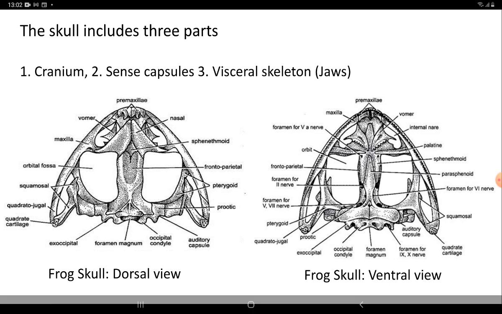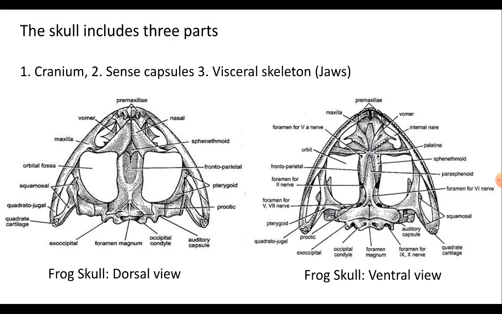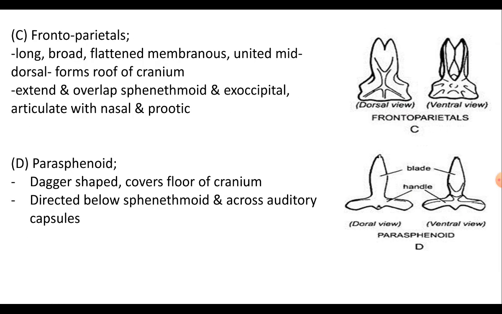Here, this is the frontoparietal segment of the skull, which is present at the mid-dorsal region of the skull. The structure of the frontoparietals in detail could be studied by looking at diagram C.